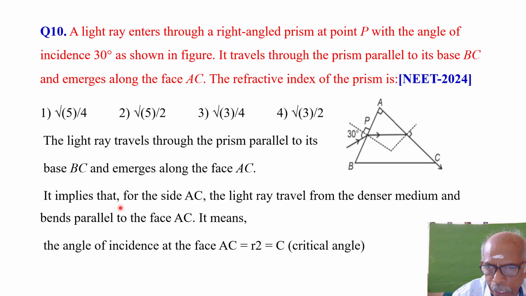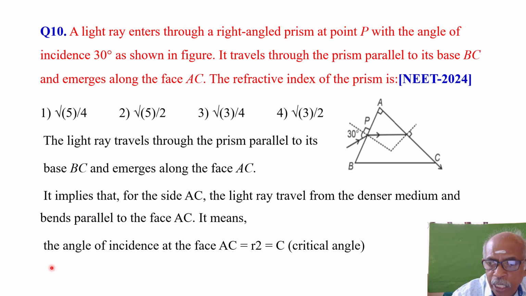It implies that for the side AC, the light ray travels from the denser medium and bends parallel to the face AC. For face AB, light is traveling from air, the rarer medium, into the prism, the denser medium. As far as AC is concerned, it is moving from the denser medium into the rarer medium.